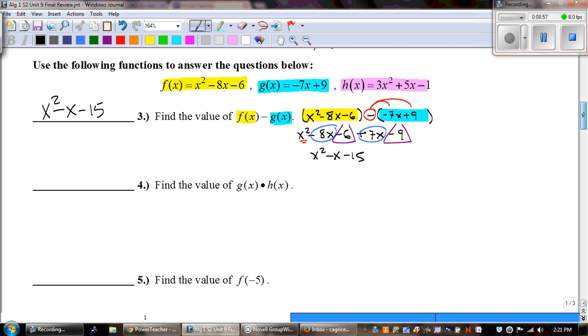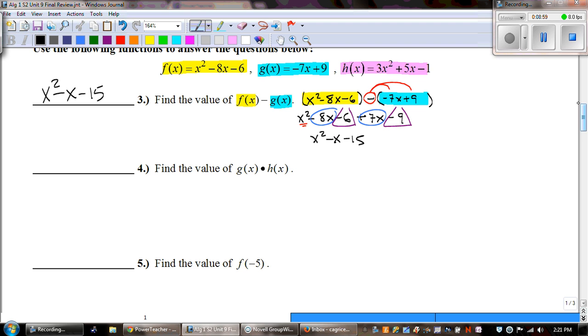All right, for 4, we are multiplying g of x times h of x. So our g of x was the -7x plus 9, and then the 3x squared plus 5x minus 1. And we are multiplying.